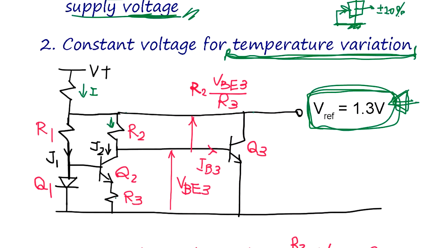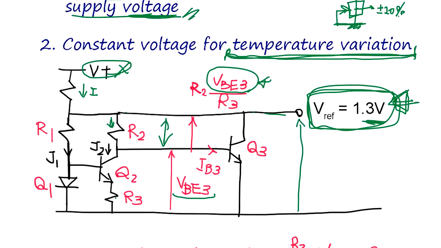So the voltage here is VBE, which doesn't depend on this supply voltage, and this VBE3 doesn't depend on this. Okay, so basically this 1.3 volt is always 1.3 volt from here, even if you change this 20% up and down. Okay, it doesn't change.